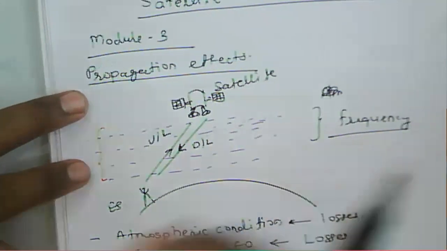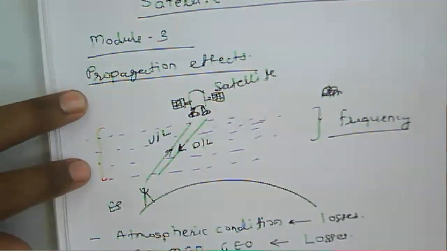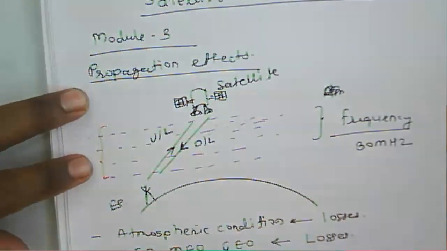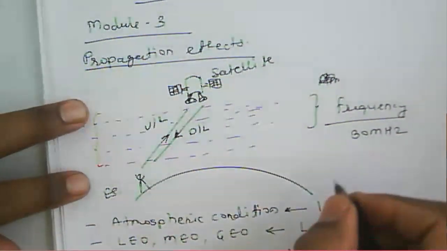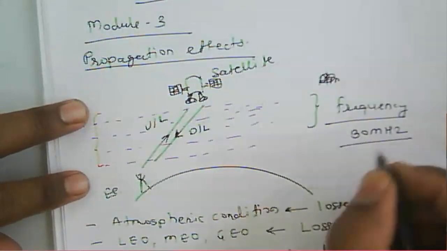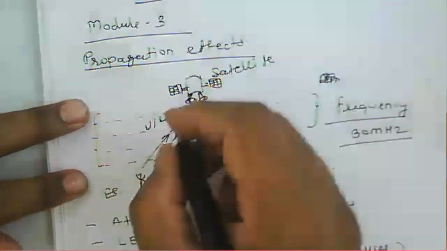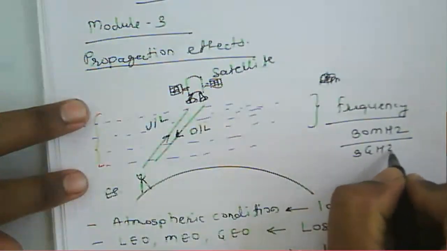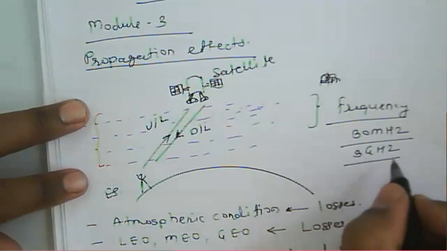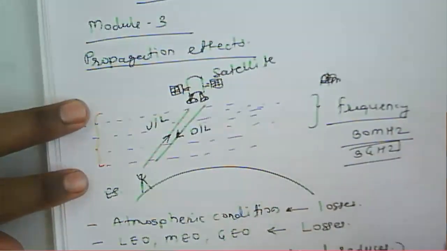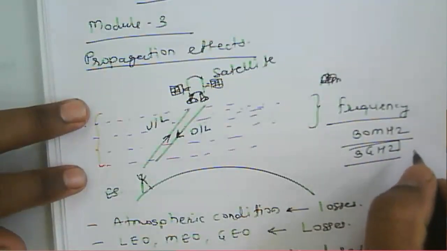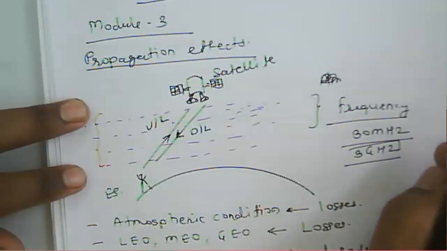So generally we say that radio waves below 30 megahertz will get absorbed, and signal communication takes place well if our signal is above 3 gigahertz, then the atmospheric effect will be reduced. But if you consider satellites, we have L band, C band, and S band, whose operating frequency is different.